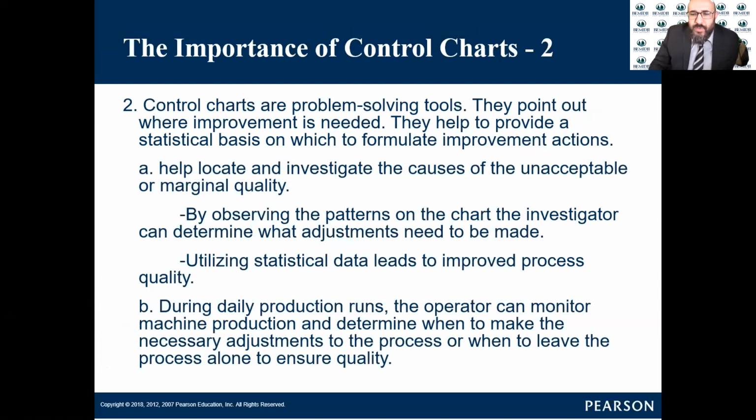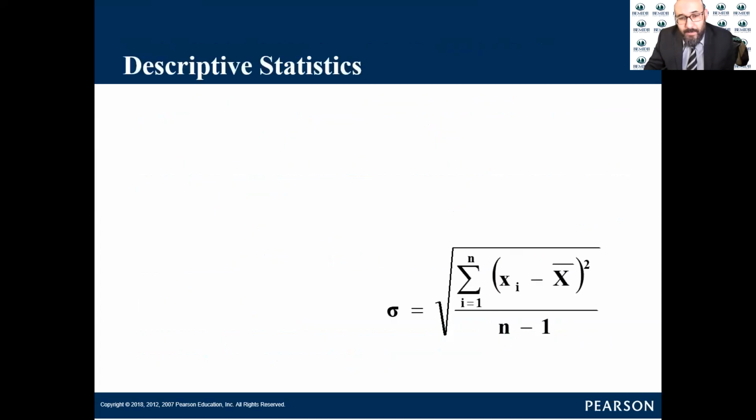During daily production runs, the operator can monitor machine production and determine when to make the necessary adjustments to the process or when to leave the process alone to ensure the quality. So it is going to give you an idea of when to do the improvement, how to do the improvement, and the location for doing the improvement. So when and where to do the improvement.